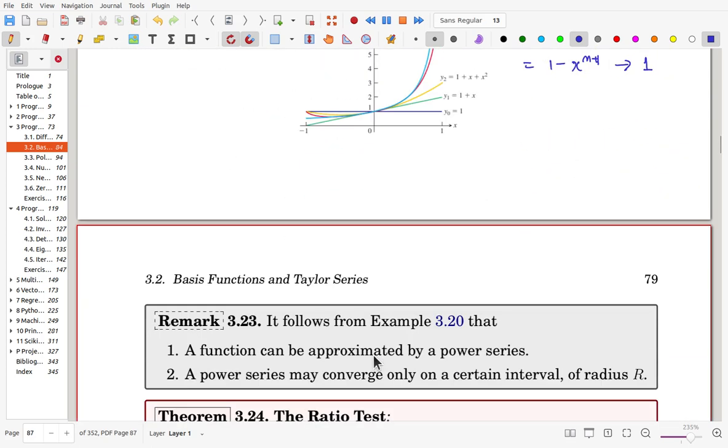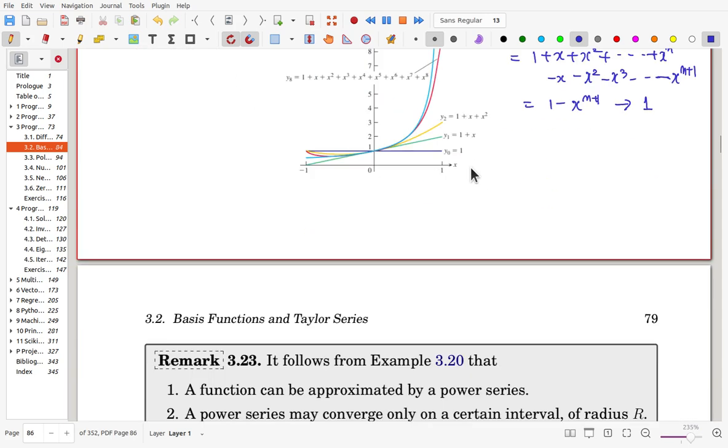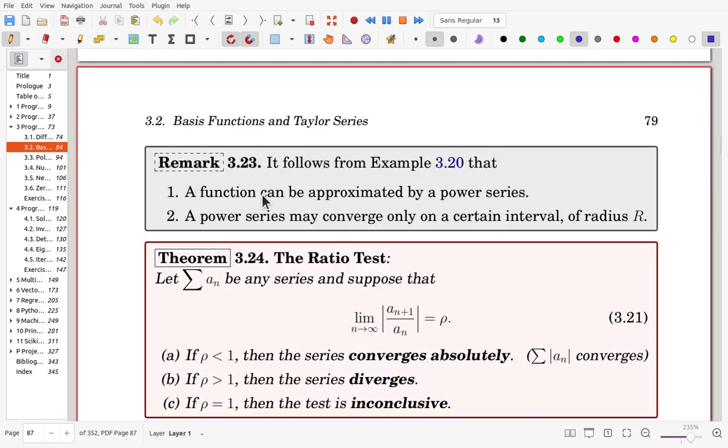Okay, it follows from example 3.20 that a function can be approximated by a power series. And secondly, a power series may converge only on a certain interval of radius r. So here we have to test the given power series.